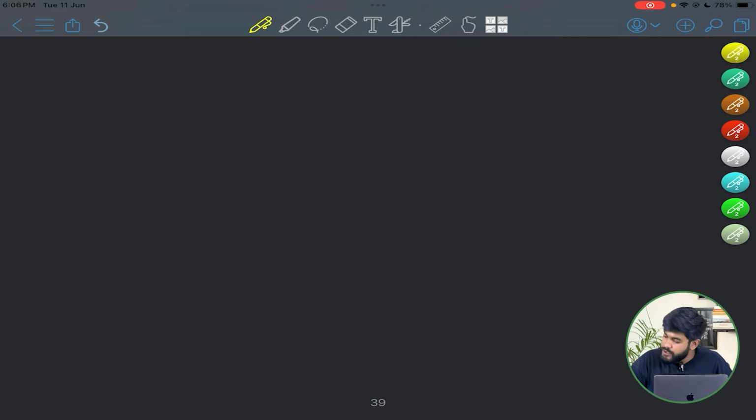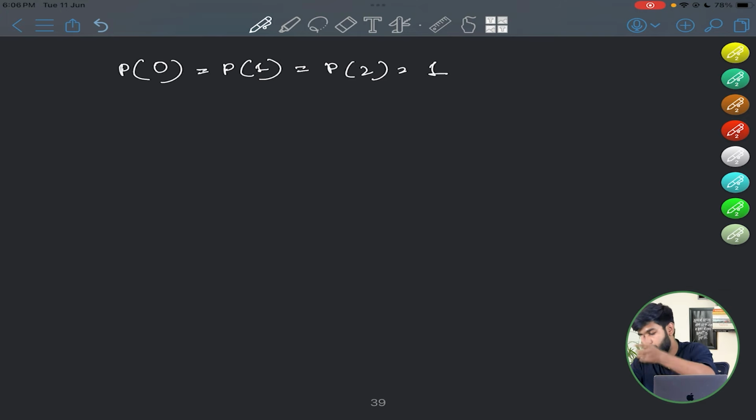Here also the first terms are defined, but instead of the first two terms, we are given the first three terms, and all are the same. That is, p of 0 is equal to p of 1 is equal to p of 2, and all three are 1.